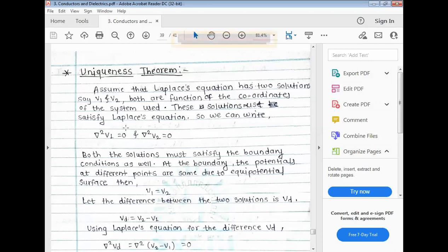Can anyone remember what is the Laplace's equation? What is Poisson's equation? Yes, anyone? At the start of this chapter only we have seen. If anyone remembers, if anyone noted.